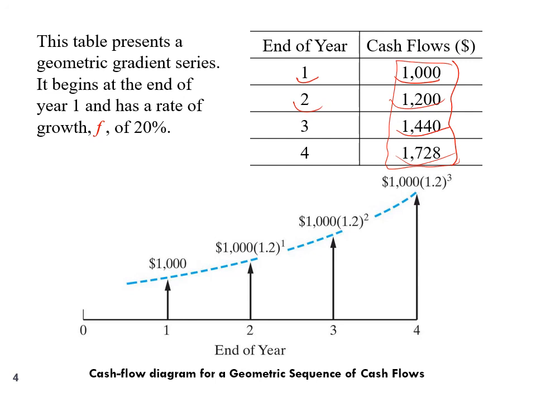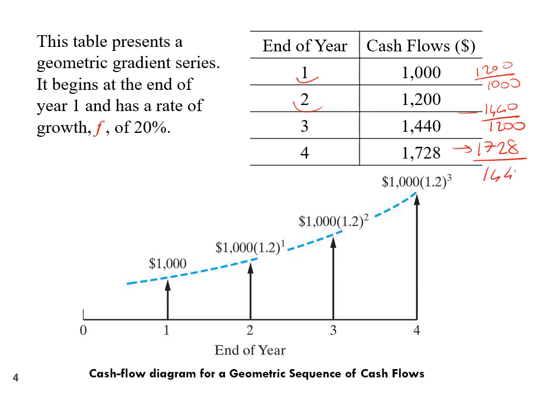But if you just take the ratio of these payments, okay, so 1,200 divided by 1,000. Similarly here, 1,440 divided by this. And for the next one, 1,728 to 1,440. Okay, you can see that all these ratios are constant, and all these ratios make 1.2.